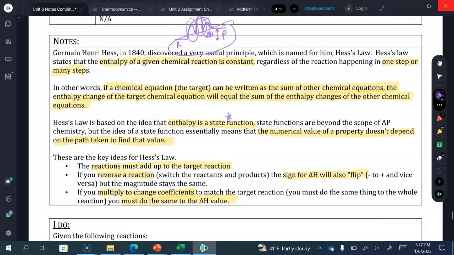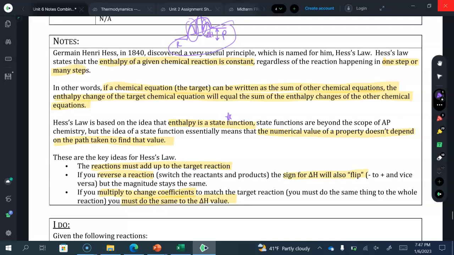And this is because Hess's Law is based on the idea that enthalpy is a state function. While state functions are beyond the scope of AP chemistry, they are very important, and they do pop up, but not in their fully applied form.